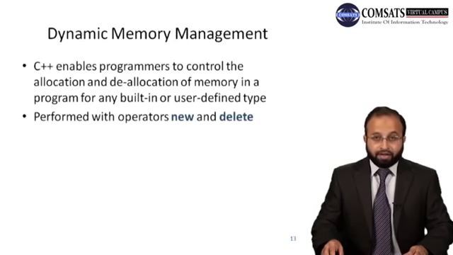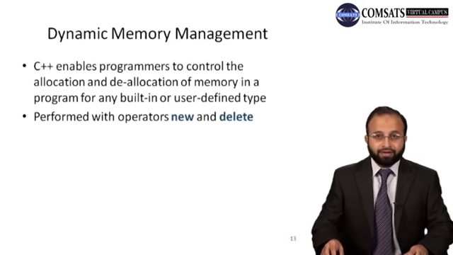Dynamic memory management is performed using the new and delete operators, while in C we use the malloc function to allocate dynamic memory and the free function to deallocate that memory. Here we will be using the new operator to allocate memory dynamically, and the delete operator to delete that memory location that is allocated dynamically, that is, at execution time.